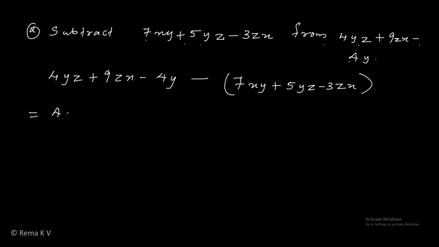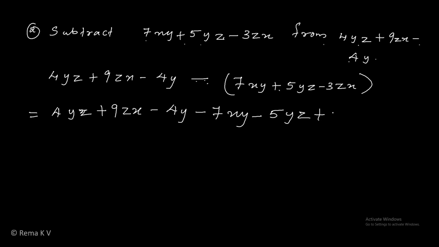So we can write this as 4yz plus 9zx minus 4y, minus, here it is positive 7, so minus into this gives minus 7xy, minus into plus becomes minus 5yz, then minus into minus becomes plus 3zx.